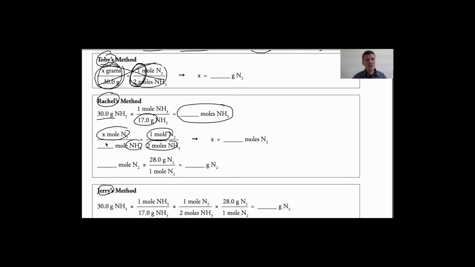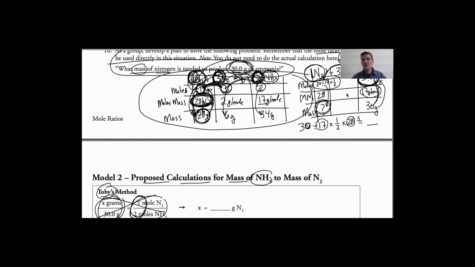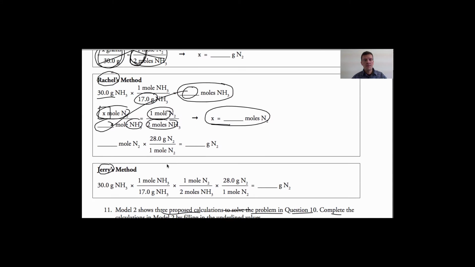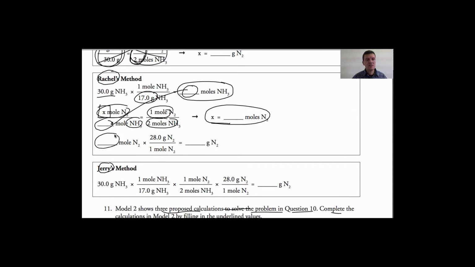She's going to take this mole of nitrogen right here, put that number in there and now solve for X. That's going to give us moles of nitrogen. That's what we did when we went from third column to first column. And then she's taking the moles of nitrogen to find out how many grams that is. She's multiplying by the molar mass of nitrogen, and this is fantastic.